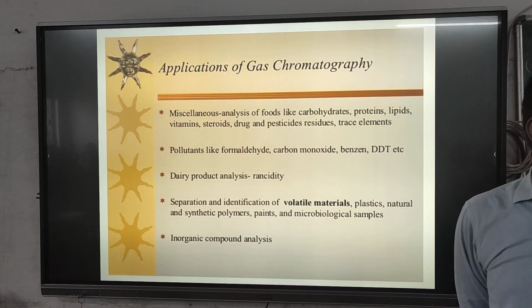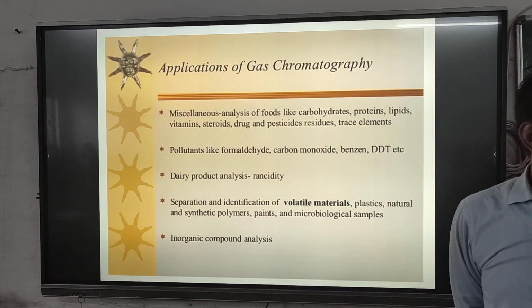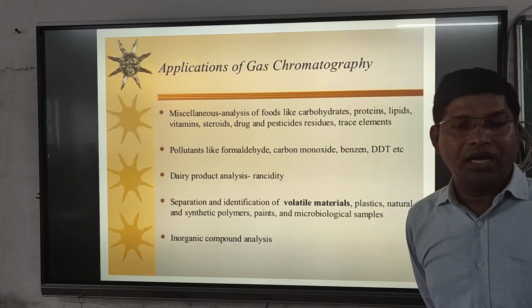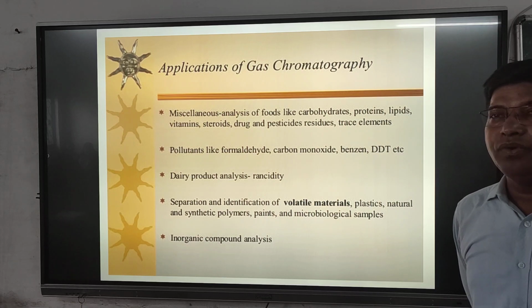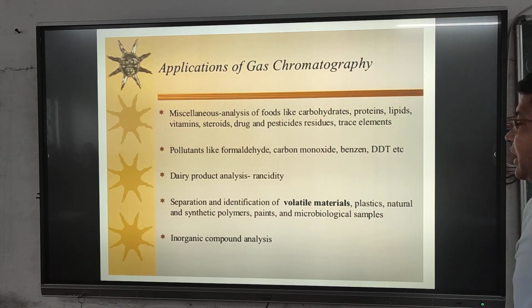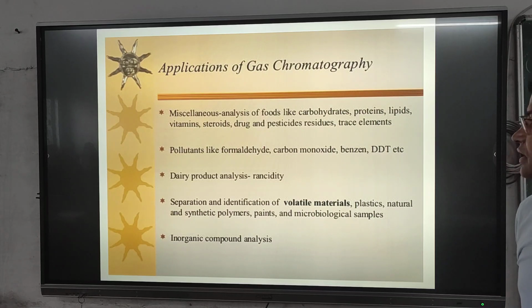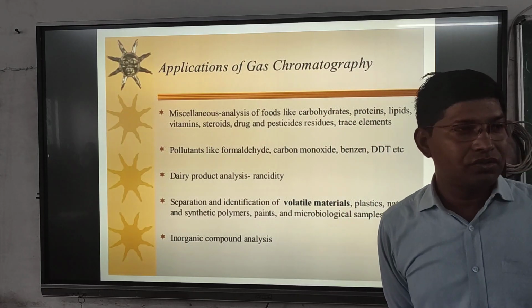Vitamins are an important component in food material, so the presence of vitamins in several food materials can be analyzed. In drug analysis, such as clinical samples, different drugs can also be analyzed, and pesticide residue.